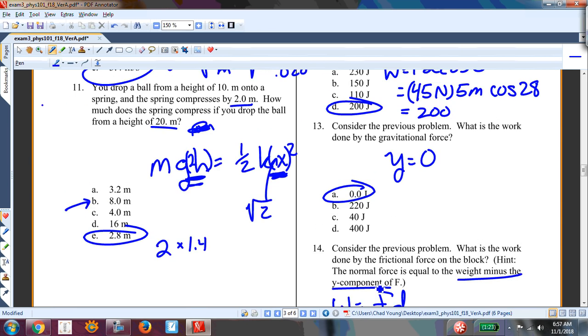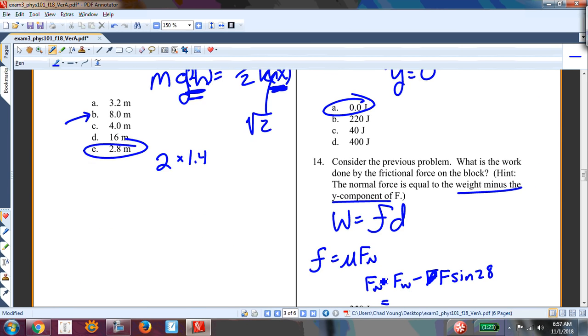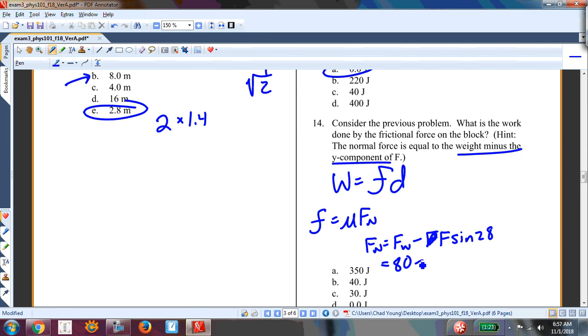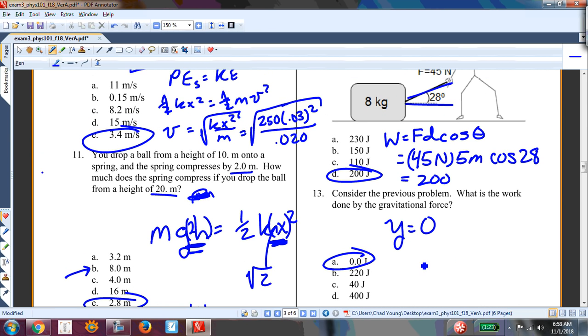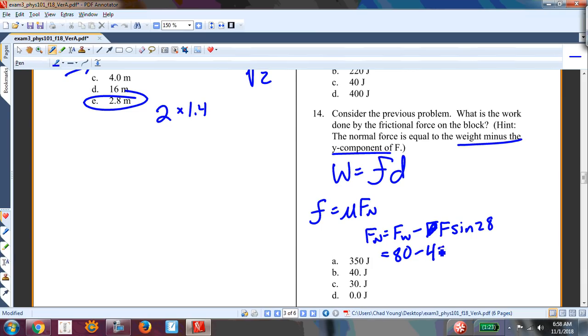So the weight is, what is it, 80 newtons. And the force was 45. So the normal force is 58.9. So I'm just going to call it 59 newtons. That's my normal force.